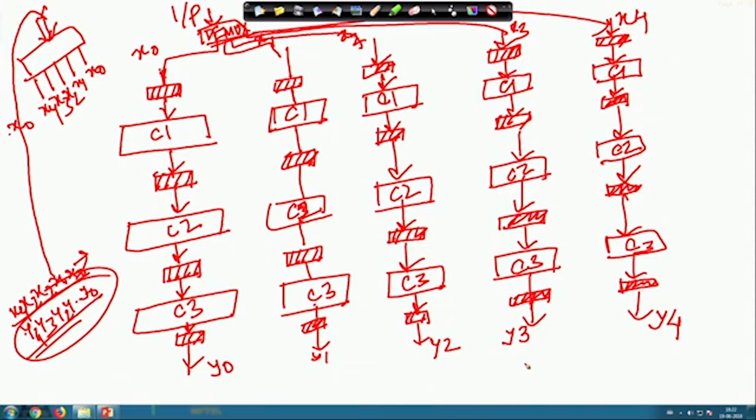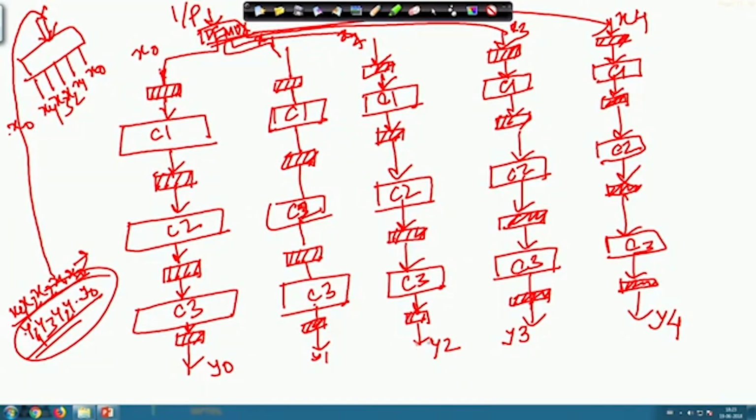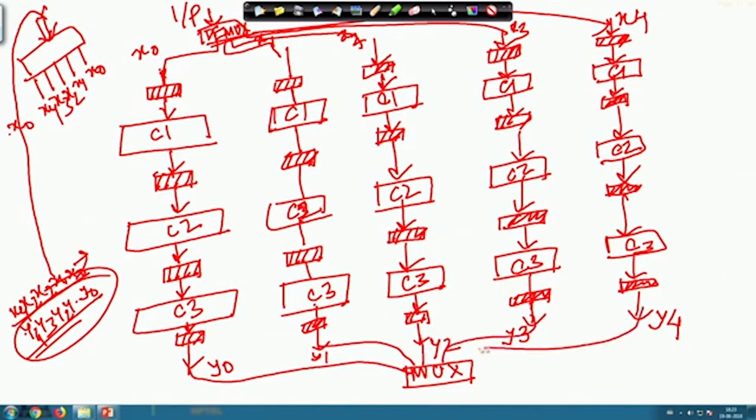A multiplexer basically does the same: it takes several inputs and produces one particular output, okay. So, in this particular case it will require one mux at the output, where each of these outputs will be connected to these blocks and it will produce one output, which is y or yn, okay.